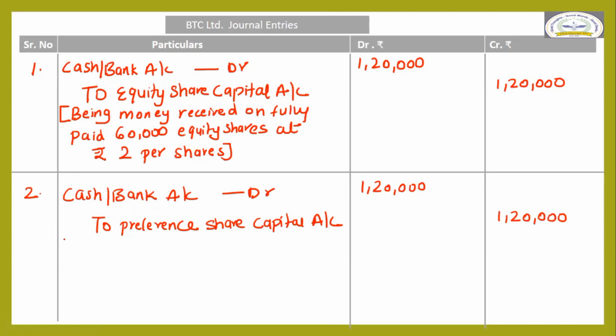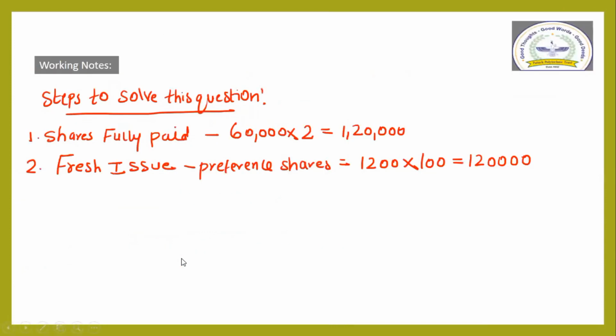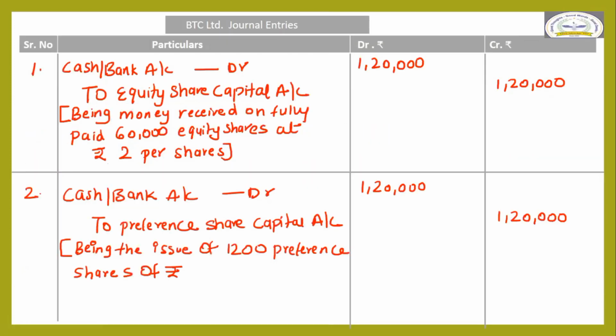As we need to write the narration, here we write: being the issue of 1,200 preference shares of rupees 100 each, at par. I hope you have understood this entry.